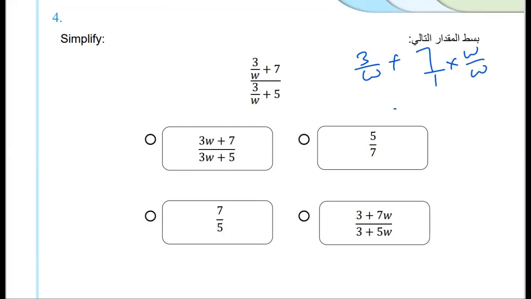So there's 7 over 1, so we can multiply and divide with w to make a common denominator. On the top, you can write 3 plus 7 times w, you would get 7w. So this is for the top numerator. For the denominator, let's say we write 3 over w plus 5.